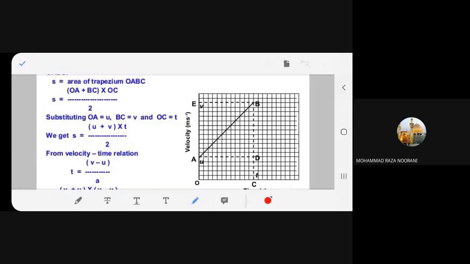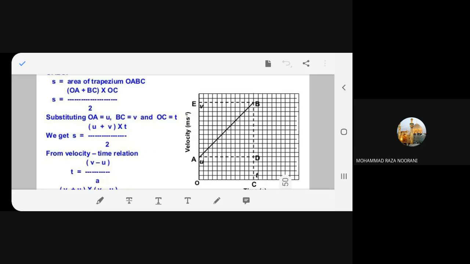So it is half U plus V into T. So S is equal to half U plus V into T. This is the formula that you will get.